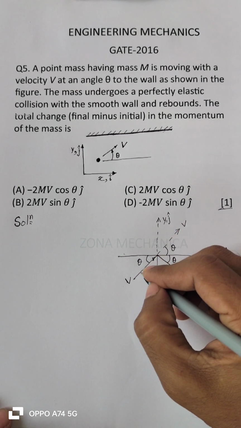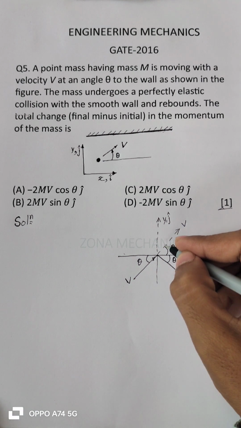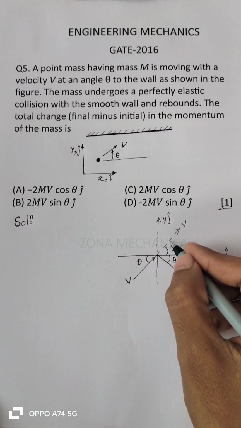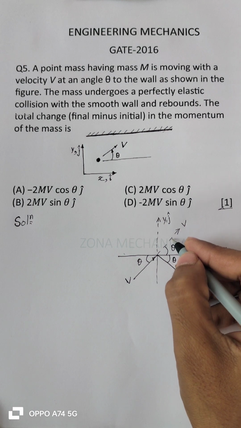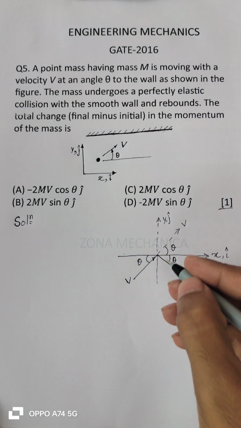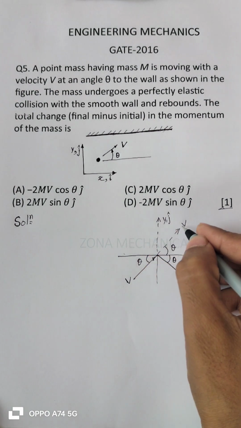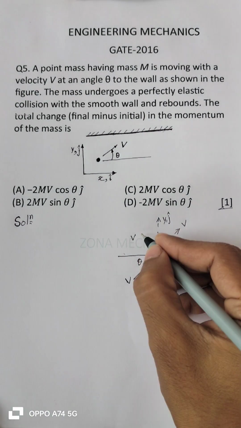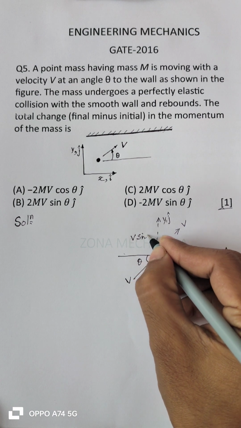So first, this is the initial velocity in this direction. If we resolve this velocity along y-axis, then what will be the component? This is theta, so this will be v sine theta, right?